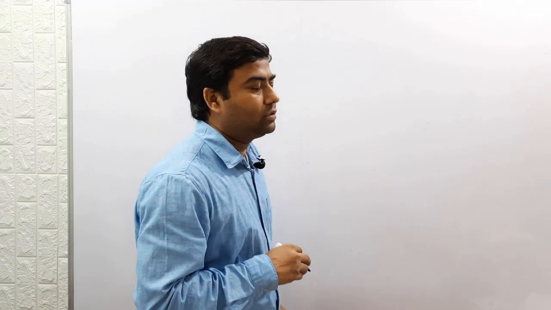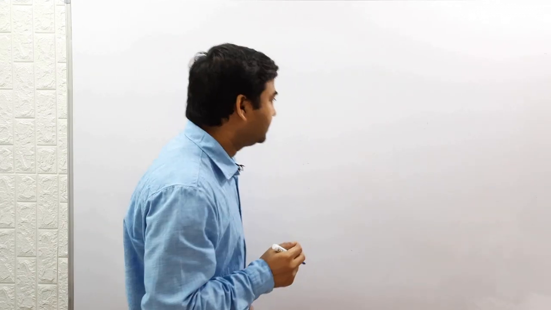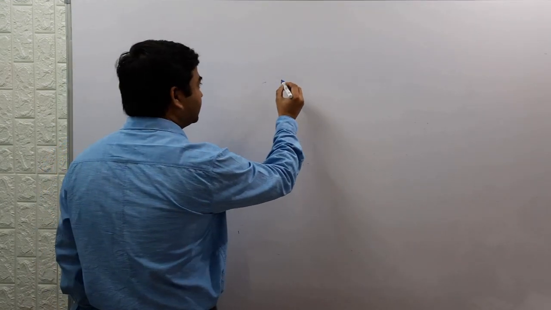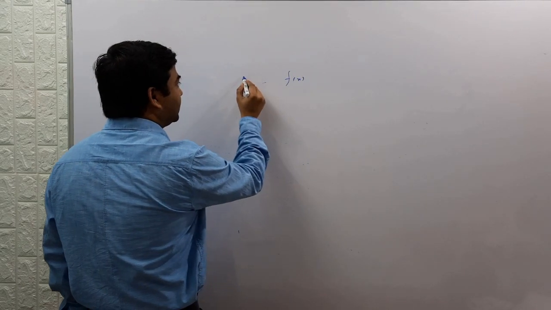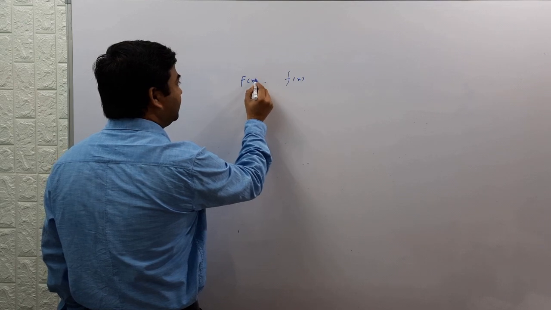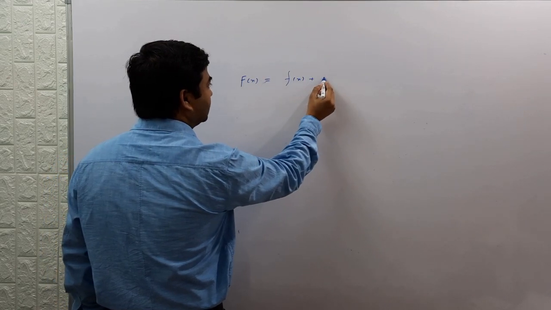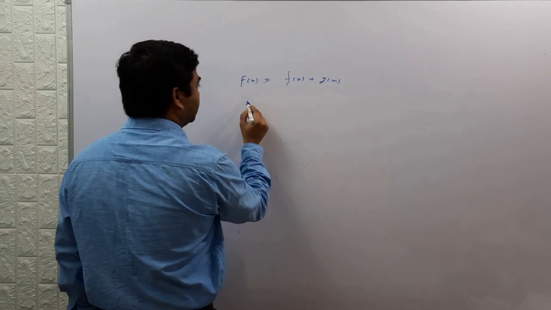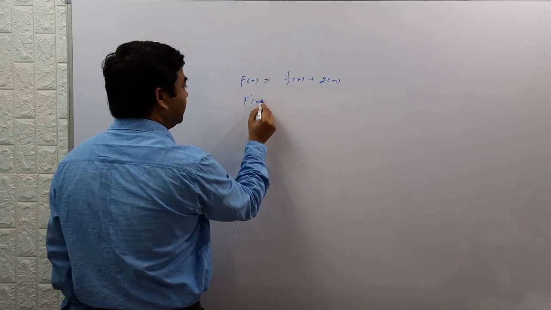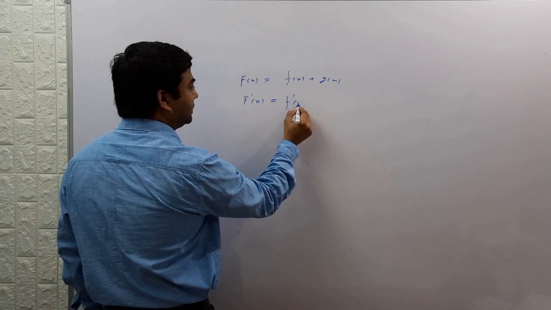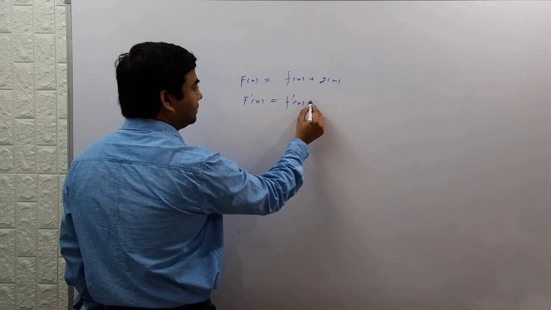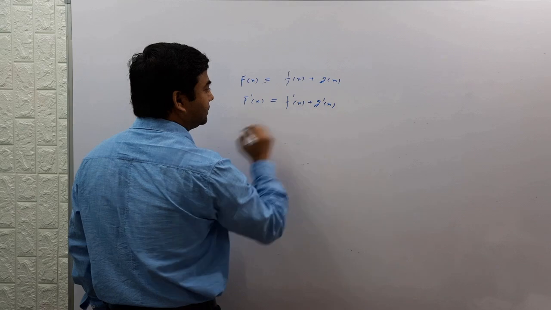So now we will also discuss some properties of derivative. Just look at a glance. There is a function f(x). So the derivative of the addition of two functions is given by, in Newtonian form, f dash x is equal to the derivative of this function plus the derivative of this function.